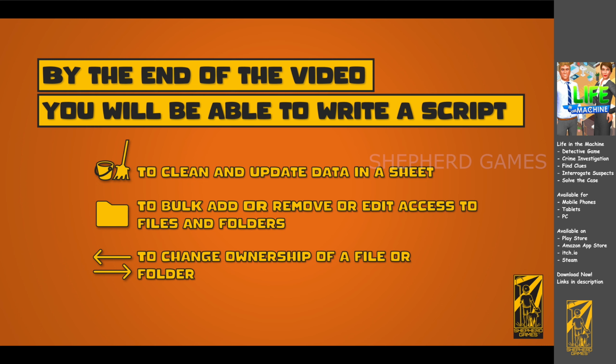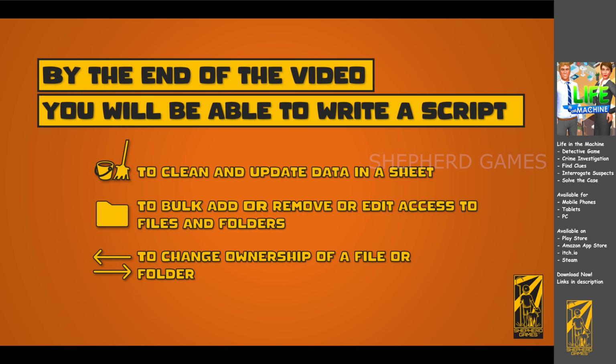By the end of this video, you will be able to write a script to clean the content in the sheet and update the sheet with fresh content. And you can add or remove or edit any access to anyone with a Google account through Google Sheets.